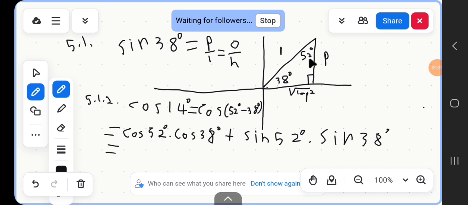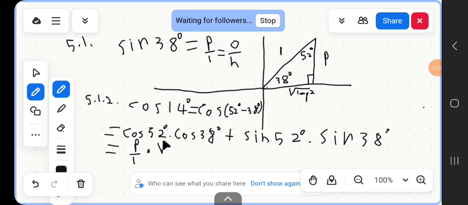So let's check. Cos 52: our opposite for 52 is this, and our adjacent is p. Cos is adjacent over hypotenuse, which is p over 1, multiplied by cos 38, because 38 is adjacent over hypotenuse. For 38, its opposite is p and its adjacent is root 1 minus p squared.